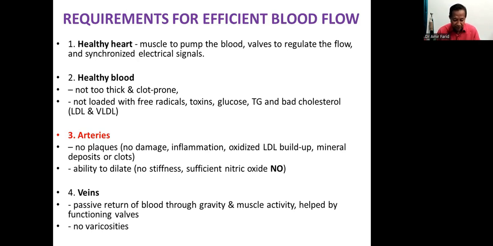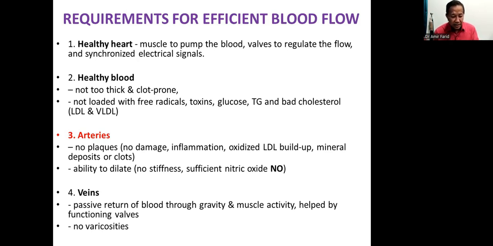But from the bottom, from the feet upwards, the blood is pushed up through our muscle activity. Whenever the muscles contract, it squeezes the blood up, and a system of valves prevents the blood from going down again. So the next squeezing of the muscle will bring it further up, and the valves prevent it going down, which means the valves must be functioning well, and you shouldn't have varicosities.